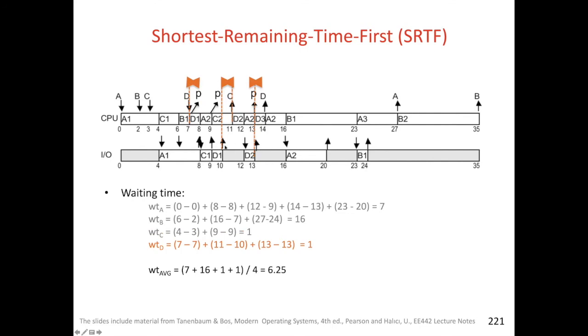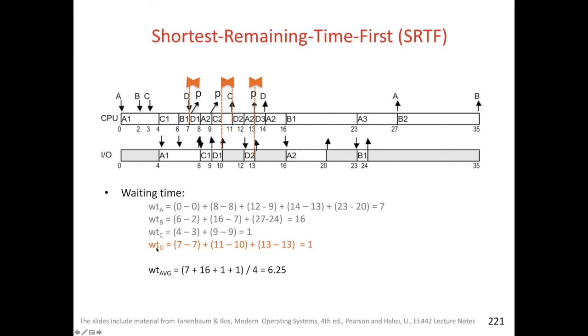Here it enters the ready queue because the I/O operation is completed, but there is no preemption here because the remaining time of process C is the same as the remaining time of process D. It waits in the ready queue until 11. And the last time here, it finishes I/O operation and enters the ready queue. It causes preemption, so the waiting time for the last entrance is 0. Total waiting time for process D is 1.